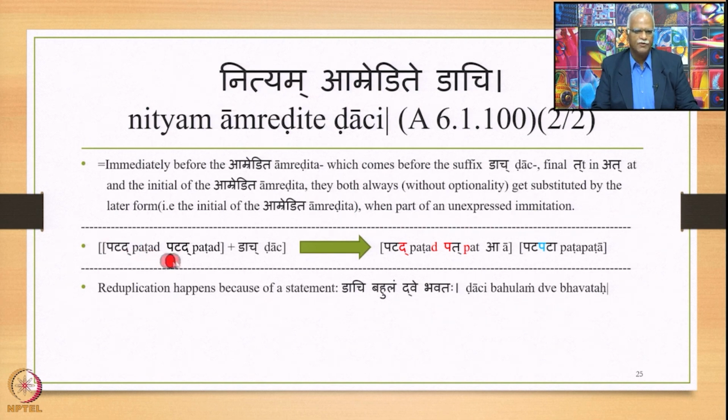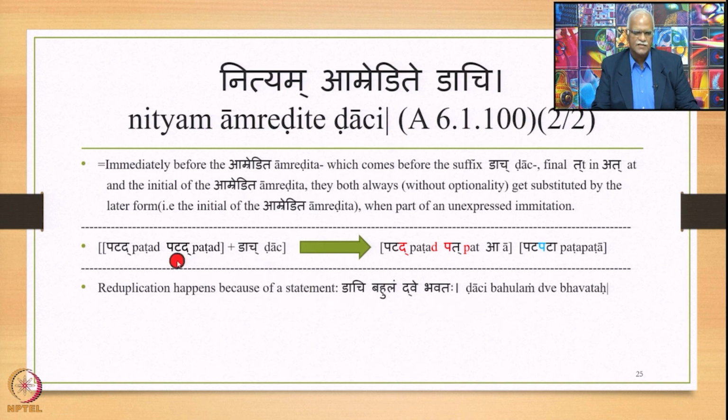So patat patat we know is an unexpressed imitation, and after this is the suffix dach that is attached to it. In fact, when this dach suffix is added to patat, then patat gets reduplicated because of this statement, dachi bahulam dve bhavatah. And so we get patat patat plus dach.